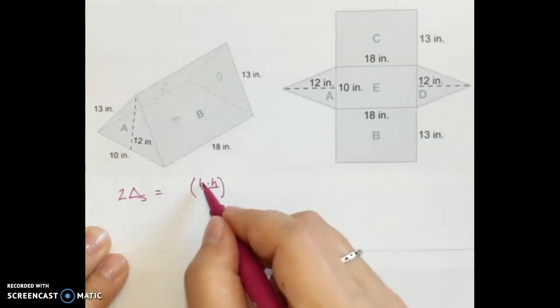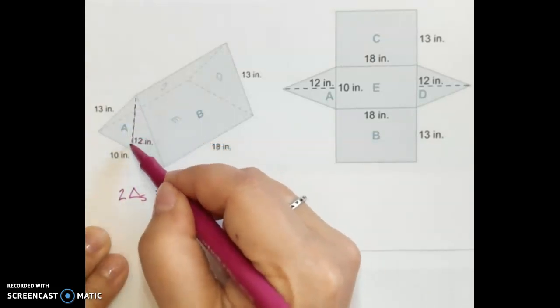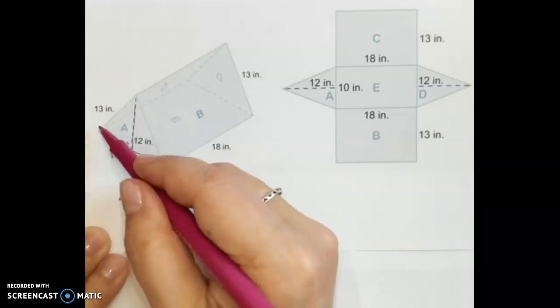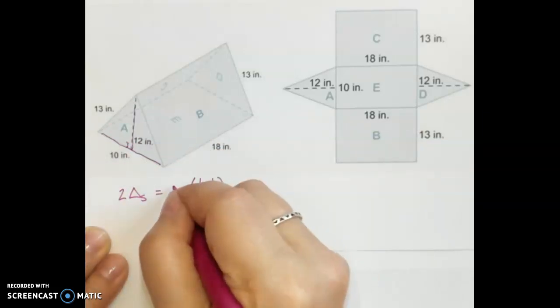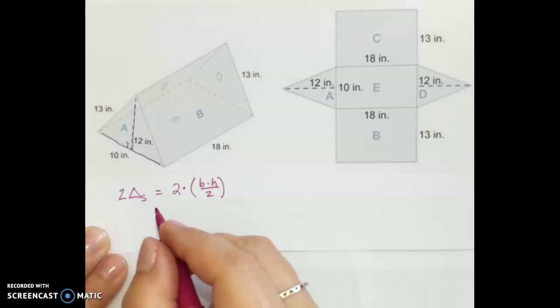Okay, now remember that base and height are the 2 dimensions that get together and form a right angle. So in the triangle here, it's going to be the height of the triangle and the bottom edge. And I have 2 of these, so I'm just going to put a times 2 in front, so I remember to double it to cover both the front and the back triangles.